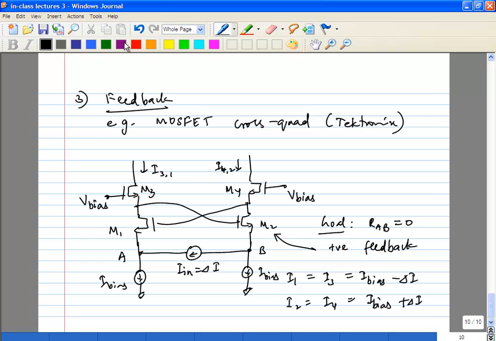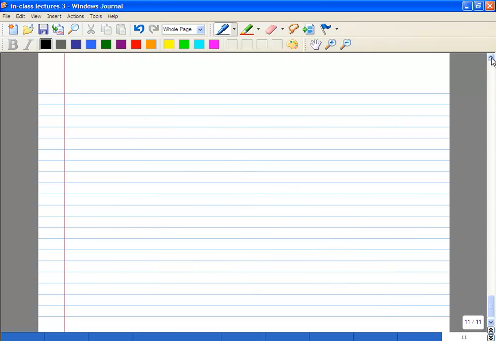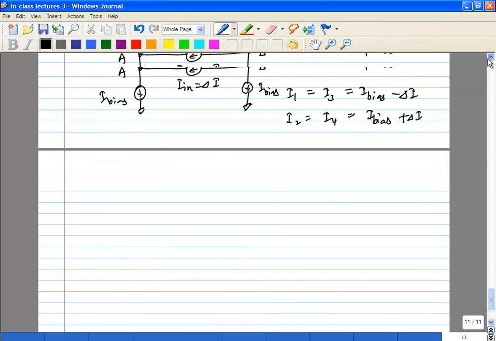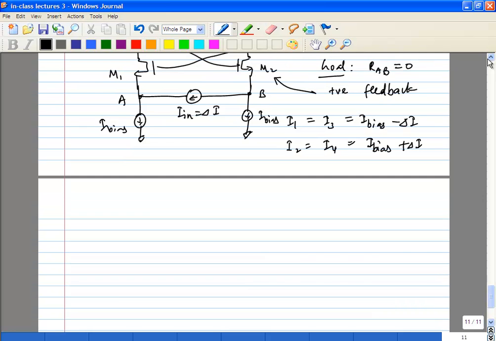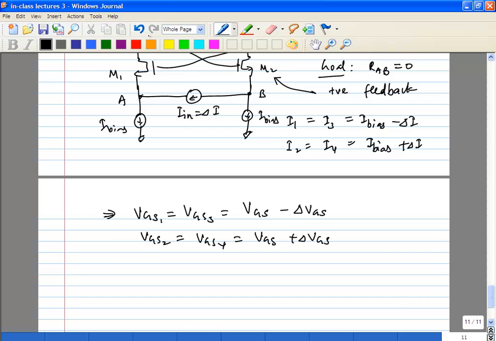Let's assume this current causes a delta VGS on each one of these transistors. We are also going to assume that all 4 transistors are matched, of course.